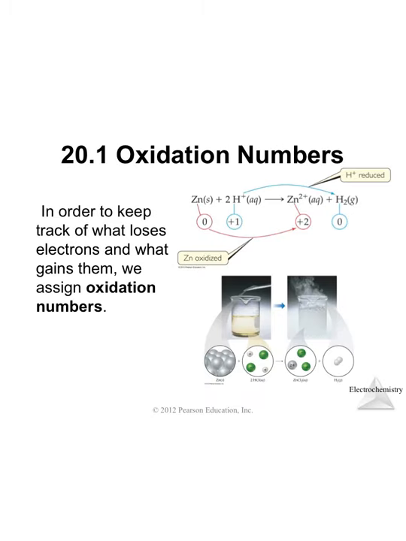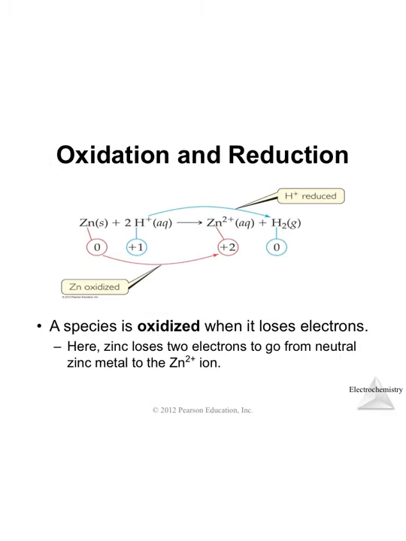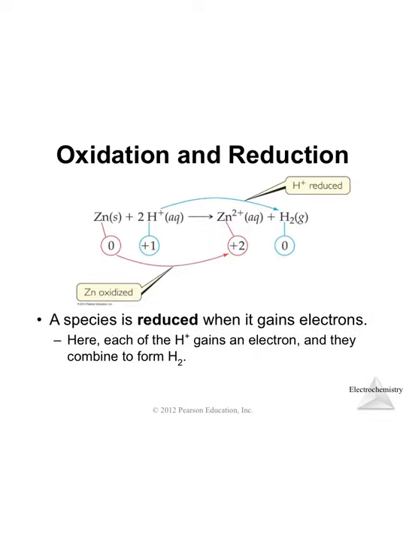So oxidation numbers help us keep track of the electrons. And so we can assign those to different elements in an equation. The species that's oxidized loses electrons. So zinc goes from 0 to +2. The increase in charge tells us it lost 2 electrons. When it's reduced, it gains electrons.